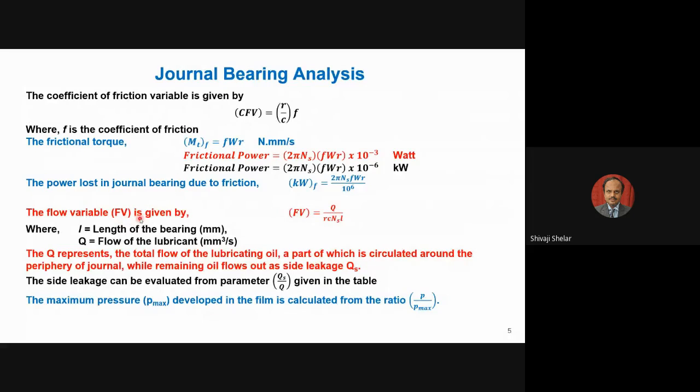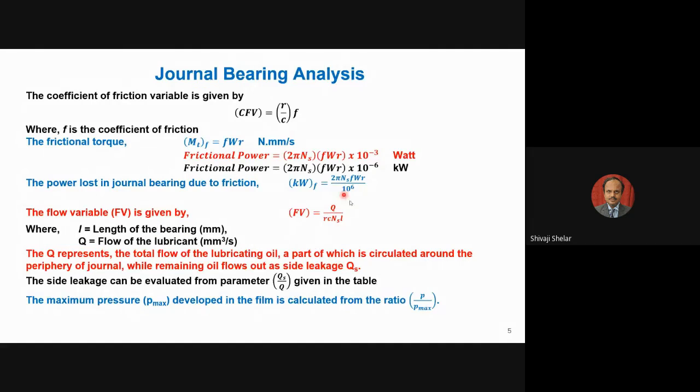So another dimensionless number is defined, that is flow variable, equal to Q upon RCNSL, where R is your radius of journal, C is your radial clearance, Ns is your revolutions per second speed, and L is the length of the bearing. And Q is your total flow rate around the periphery of your bearing. This is your, say, journal diameter. How much flow is flowing around this periphery, that is called Q. So where L is the length of the bearing and Q is the flow of the lubricant.